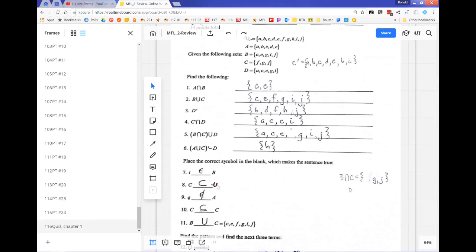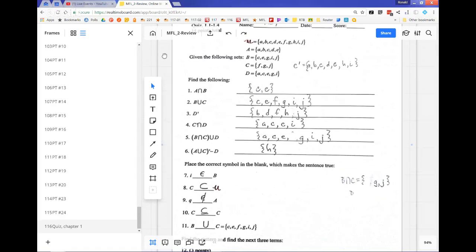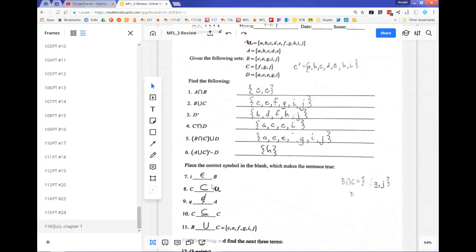Set C relates how to the universal set? A subset. Yeah, and so I use the subset symbol. And Q, the only thing I can say is it's not in A, so I wrote it's not an element.